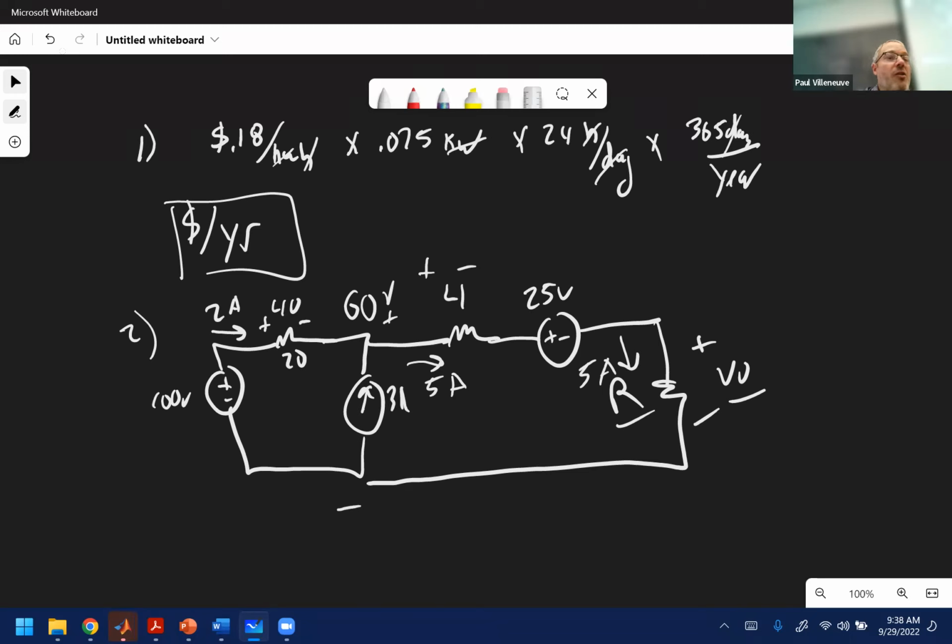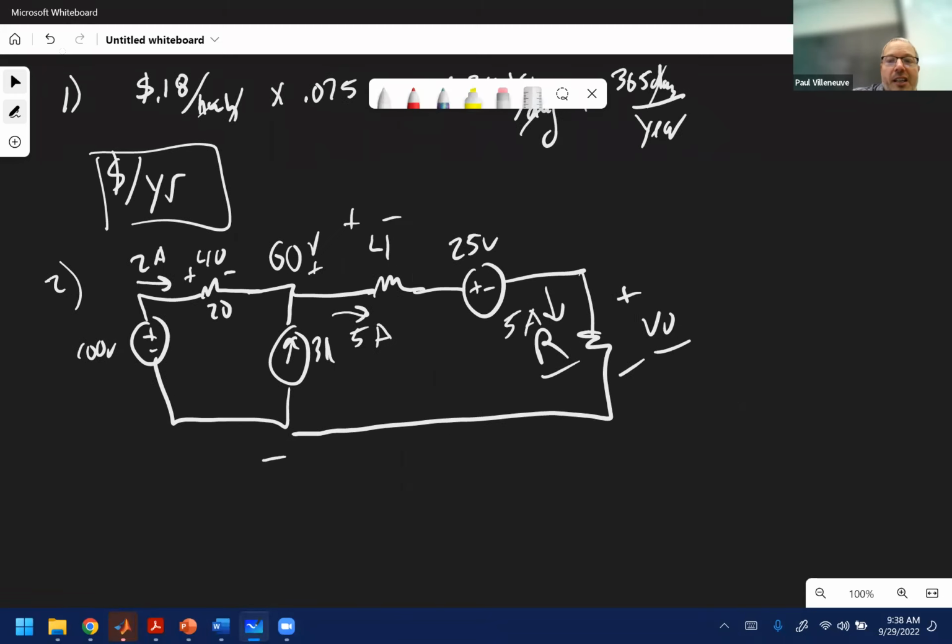But if you just do KVL, if you're ever stuck, I always make the recommendation, just say, I've got plus to minus 100. I've got plus to minus 40, and then I can just show this as an open voltage here, because this is just what the voltages need to be. And then we'll call it not V out, but VA, plus to minus in this direction.